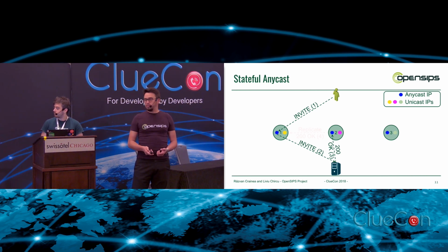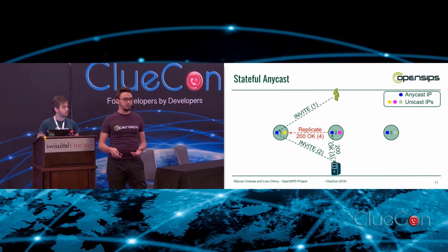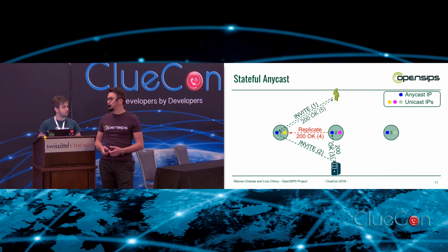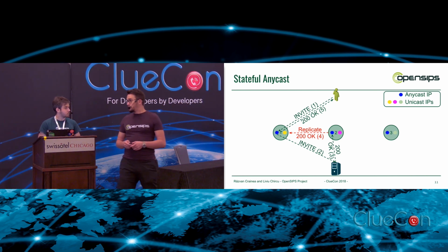What it will simply do is replicate this 200 OK and its metadata to this node. This node knows everything about the transaction, so it can take all the decisions it needs. It will be the one that sends the 200 OK and establishes the dialogue and so forth. OK?